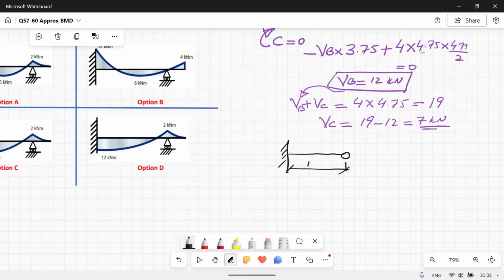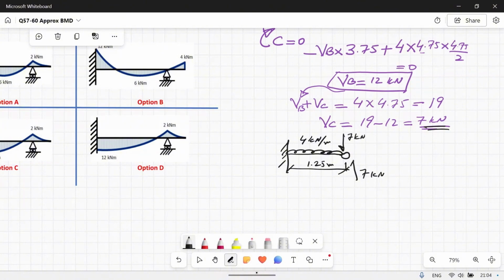This distance is 1.25 meters. VC is 7, that is clockwise from the right side. So if it is 7 kilonewton on the right side, from the left side it will be downward 7 kilonewton, and we have a UDL of 4 kilonewton per meter. So this loading will generate moment over here.